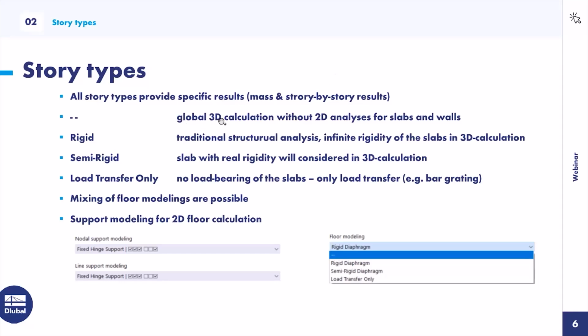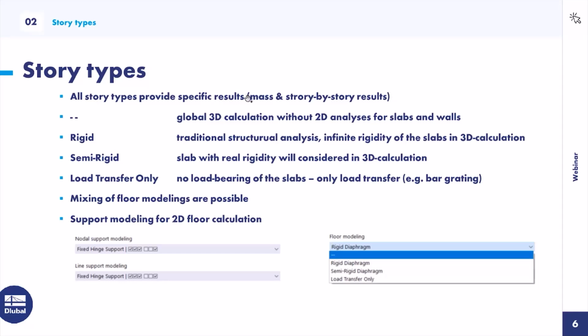Then you have only this 3D calculation and don't have these 2D analyzers for slabs and walls, which are integrated in the rigid and semi-rigid types. So with this type, it's like you are modeling without the building model, and the only positive thing is these specific results.